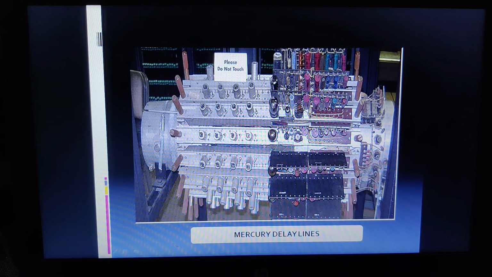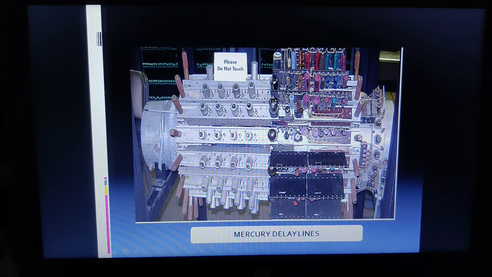By using these mercury delay lines, they were able to maintain the program inside the computer system, and hence the internal memory was much more compared to the ENIAC computer system. And these devices were using binary numbers in the form of zeros and ones for programming purposes.